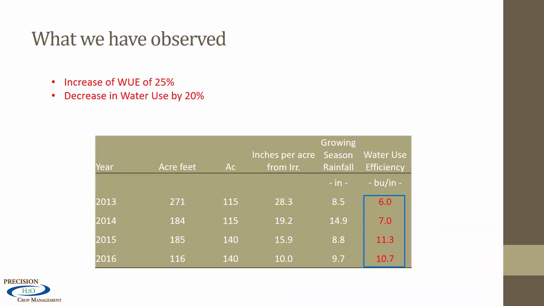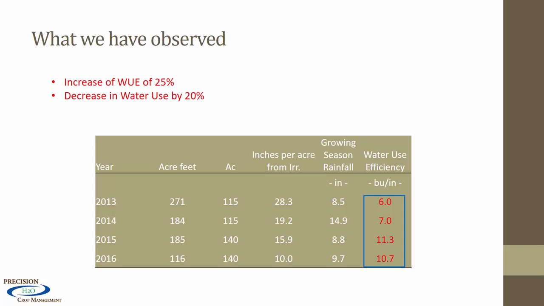Just a little bit of data that we've observed over the last 3 years when this system was under development and when we've made small changes to the basic ET equation. This is just an example of a field. In 2013 and 2014, this is when the farmer was scheduling irrigation like he always had.